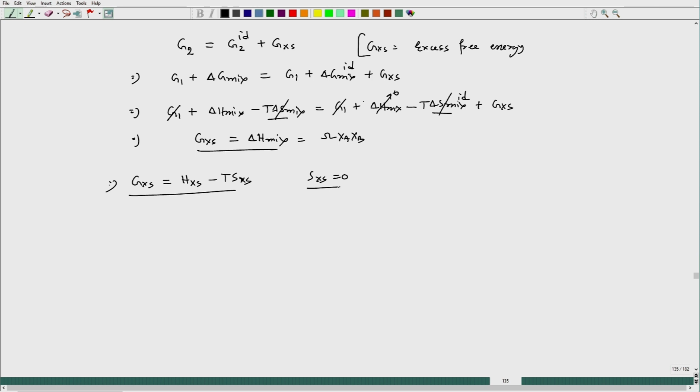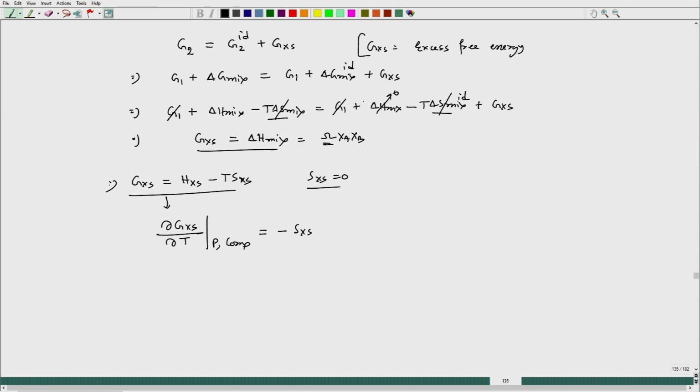If that is 0, then we can see that omega should be a constant term. Now we can also get an equation: the derivative of G xs with respect to T at constant pressure and composition is equal to minus S xs.